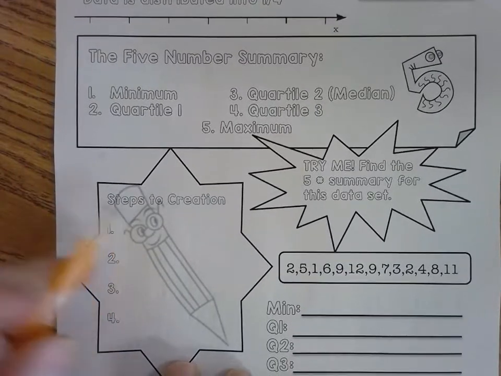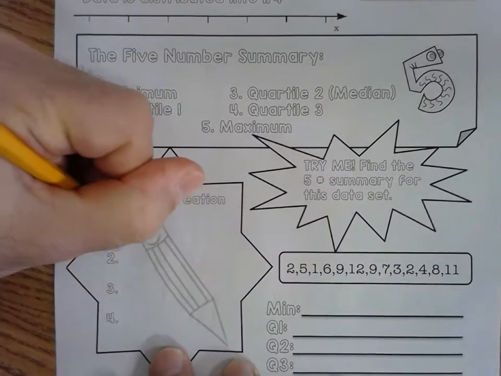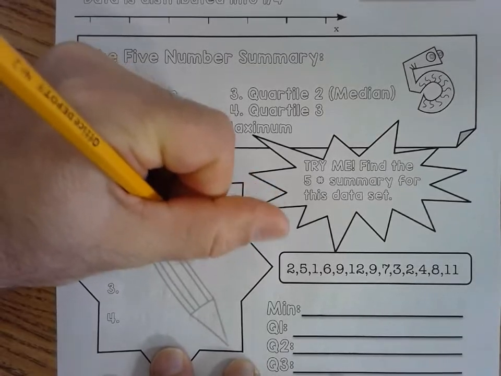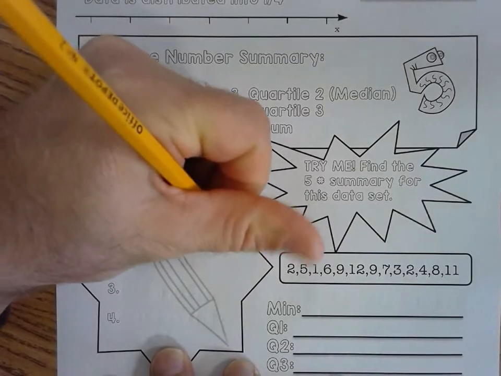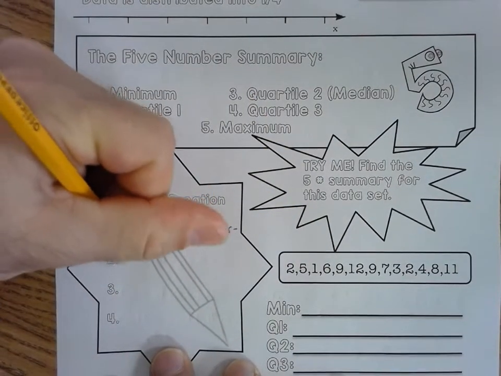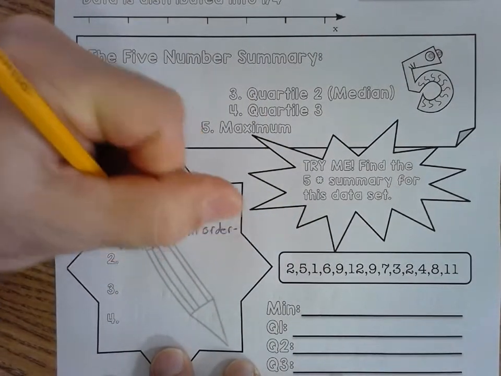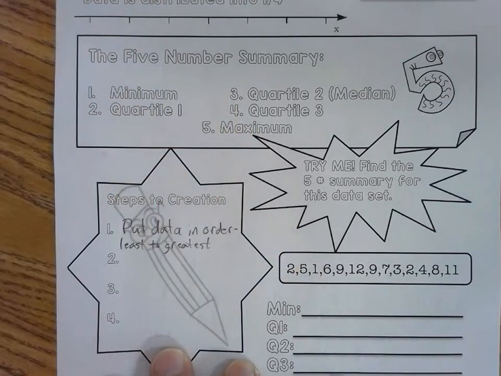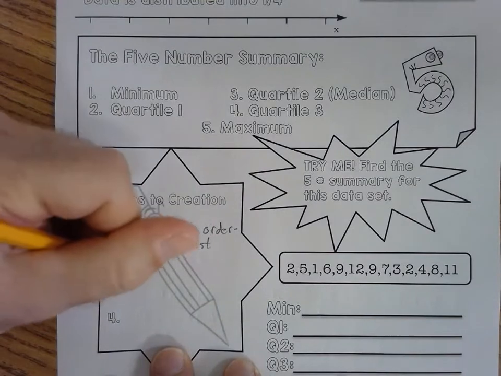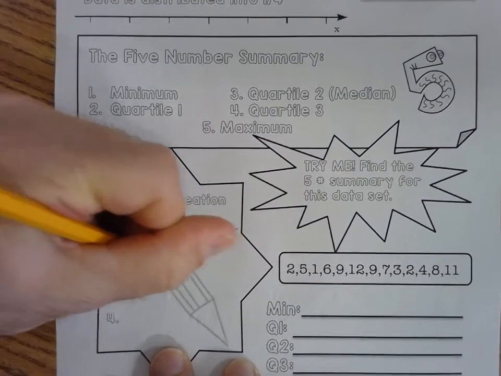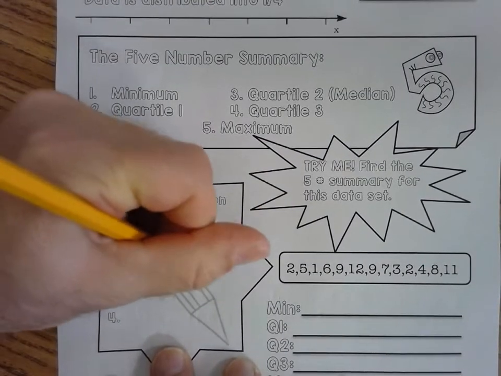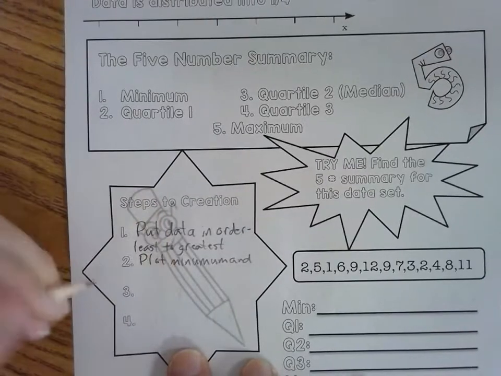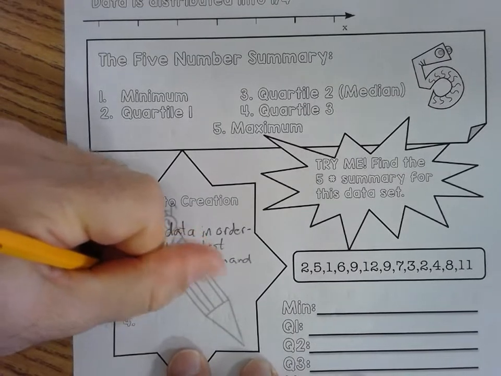All right? So, steps to creation. What we're going to say is put data in order. And when we say that, that means least to greatest. You're going to plot the minimum and maximum value.